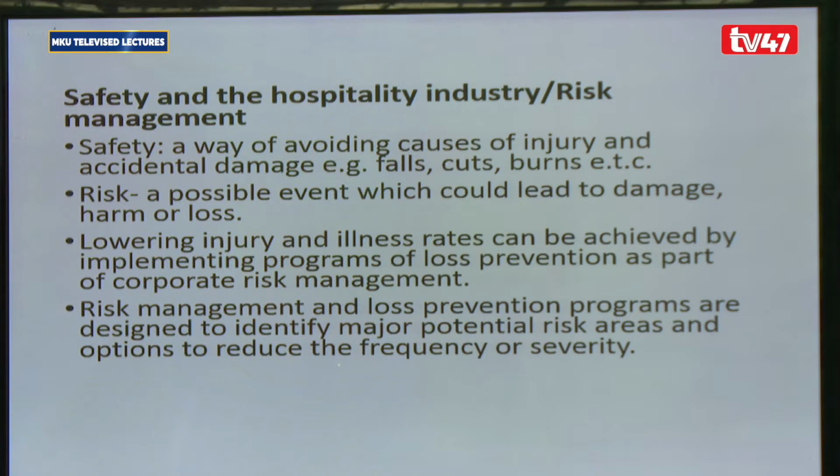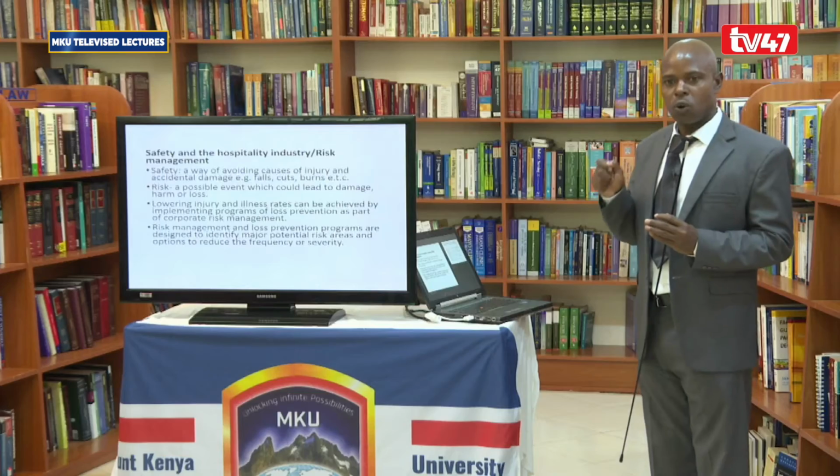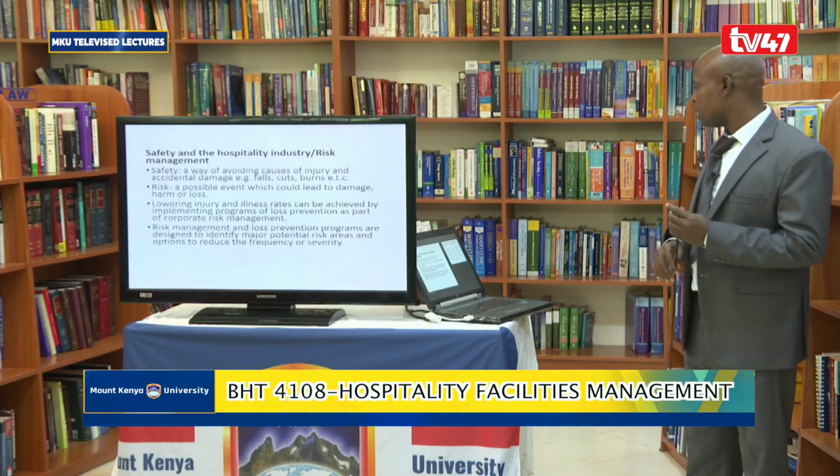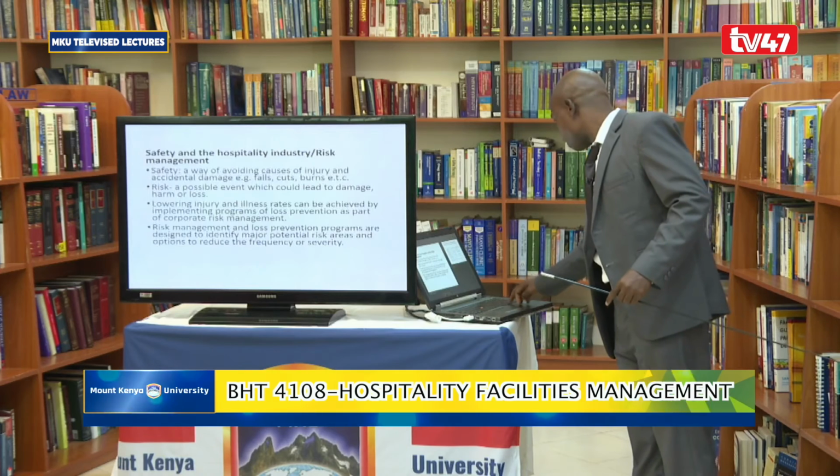So how do we manage this? We must ensure that we lower the injury or illness rate that may affect our clients. And by doing this, we need to come up with some preventive measures that will help us to manage our risk and also to ensure that our safety measures are taken care of.